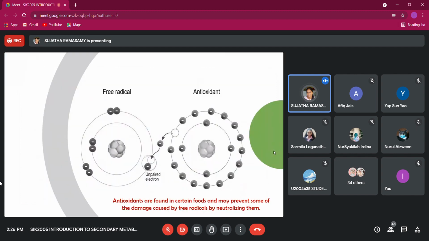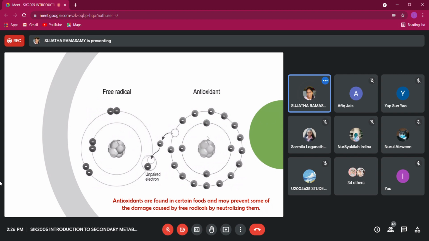So that is where antioxidants come in. Antioxidant is the good one. This is a good molecule. Why? The free radicals don't have to steal from the antioxidant. Antioxidant is like a generous donor.